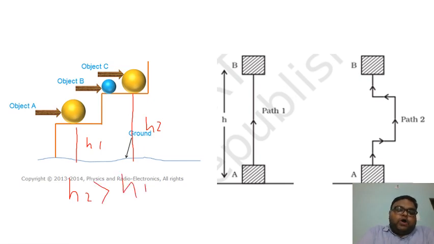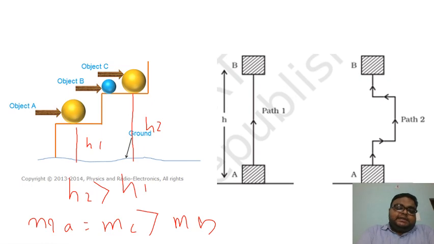We see that object A and object C are of similar dimensions, and assuming that all three balls are made from the same material, we can say that the mass of object A equals the mass of object C, which is greater than the mass of object B.